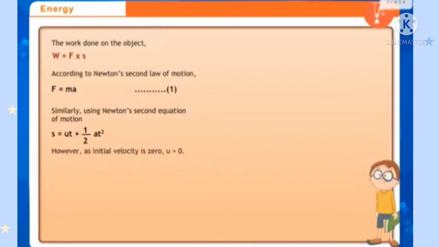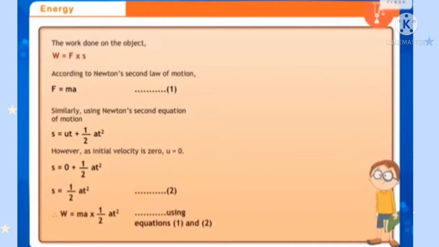However, as initial velocity is 0, so u is equal to 0. So s is equal to 0 plus 1 upon 2 at square. So we can write s is equal to 1 upon 2 at square. Let us give this as equation 2.